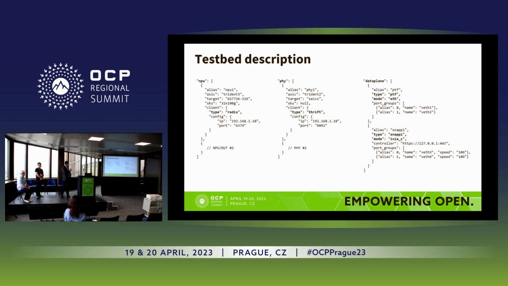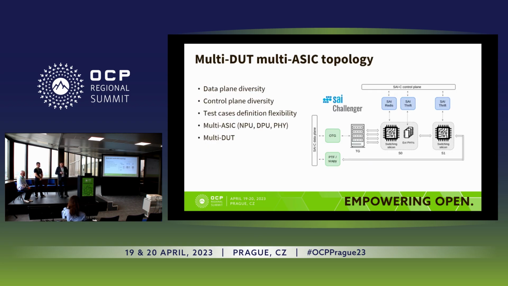You can see here two sections. The one at the top has the data plane type PTF. For the second one, the type is snappi. So in one testbed, you can use two different approaches at the same time, depending on your needs and the type of testbed that you currently have. So in fact, you can have something like this.